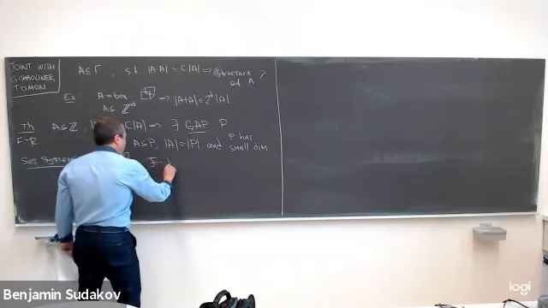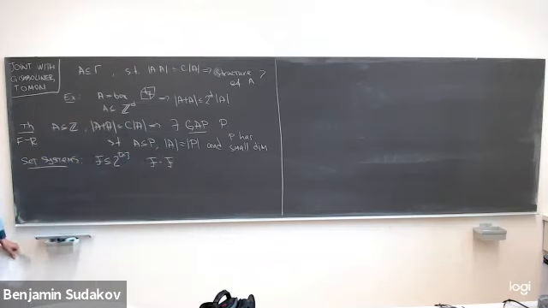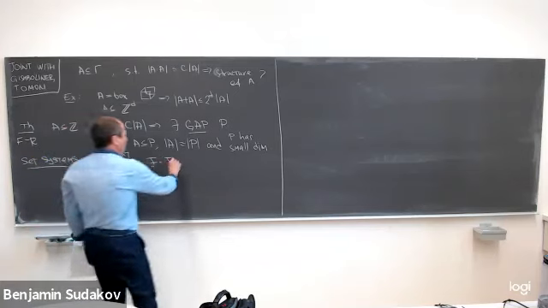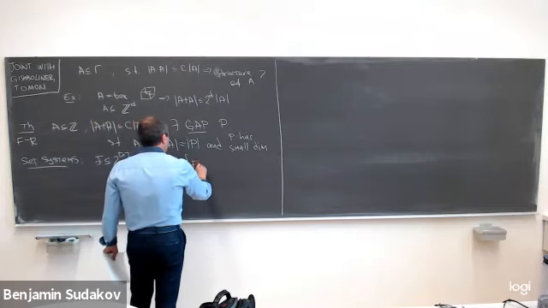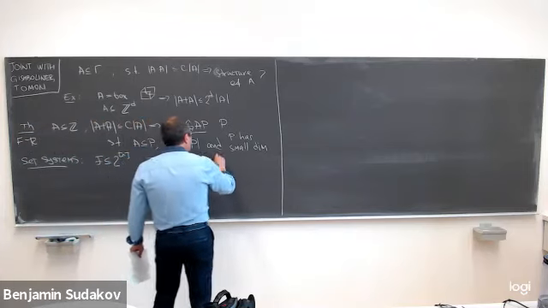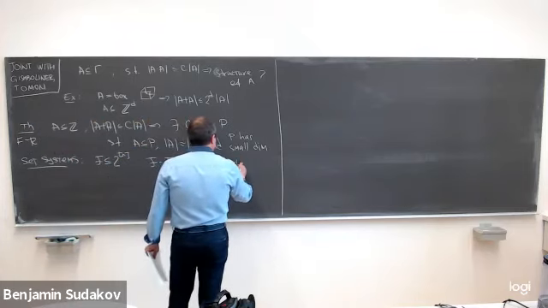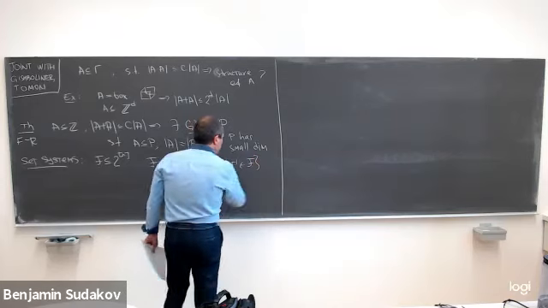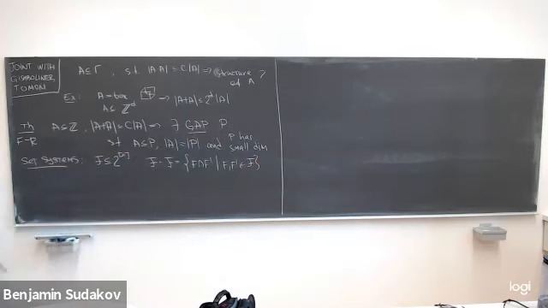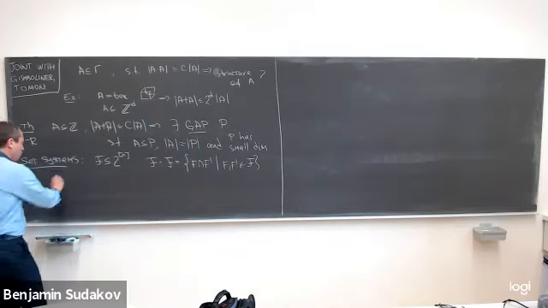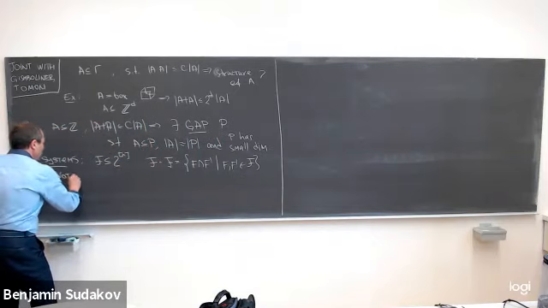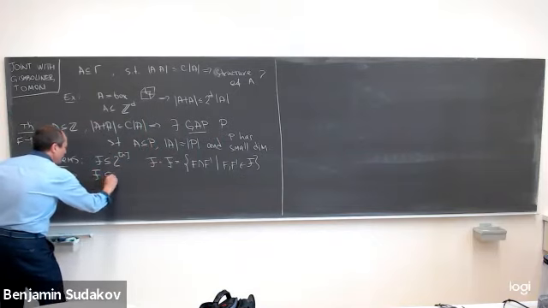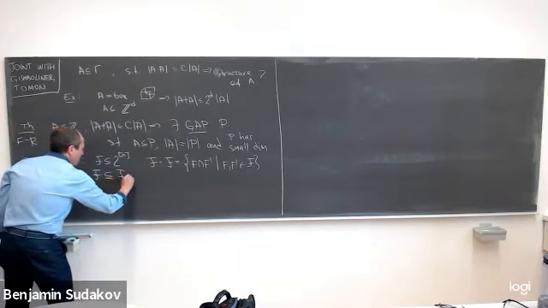Let me define F times F as all possible intersections F intersection F prime, such that both F and F prime belong to F. Observe that I allow F prime to be equal to F. So in particular, my original set system is a subset of F times F.